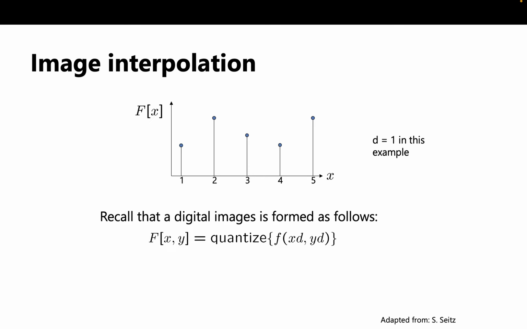For example, in this figure, the x-axis is your pixel position. You have pixel 1, pixel 2, pixel 3, pixel 4, pixel 5. When you form an image, you will have a different pixel value for different pixels.